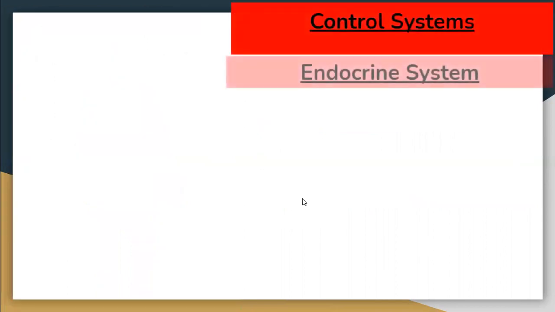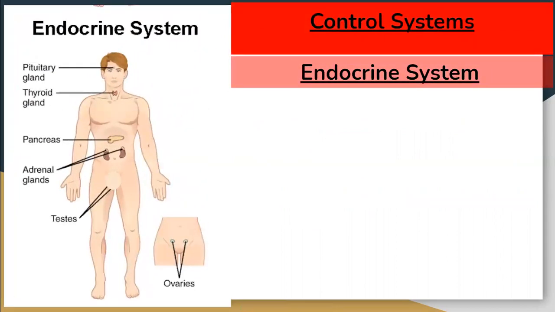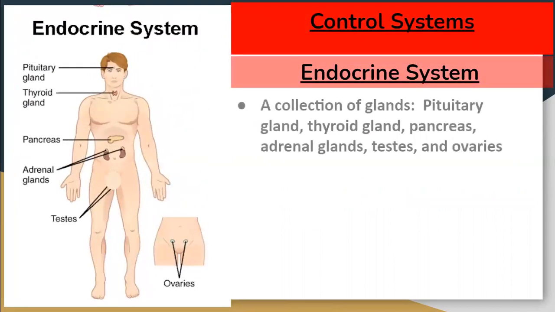Another control system is your endocrine system. You have your glands all over your body. You have your pituitary gland at the top forehead there, your thyroid gland, very important for your immune system, your pancreas, your adrenal glands, your testes or your ovaries, depending on if you're a man or a woman.